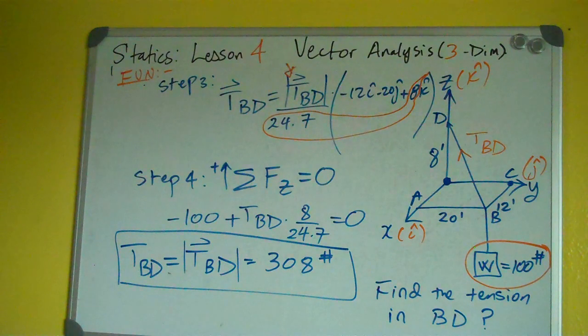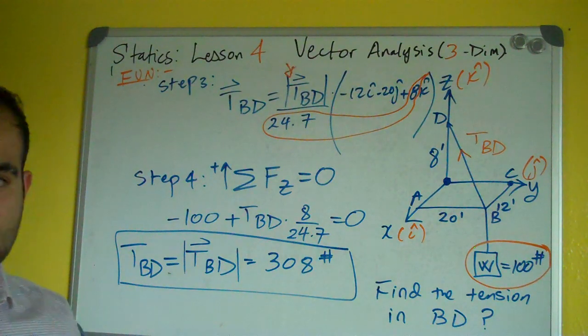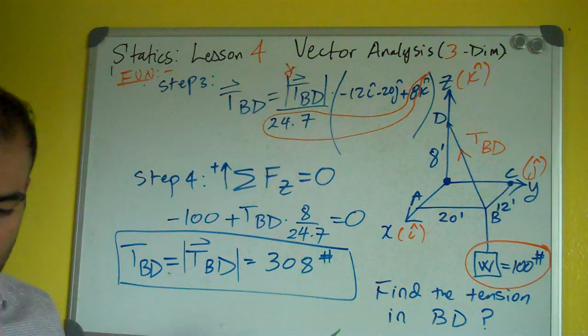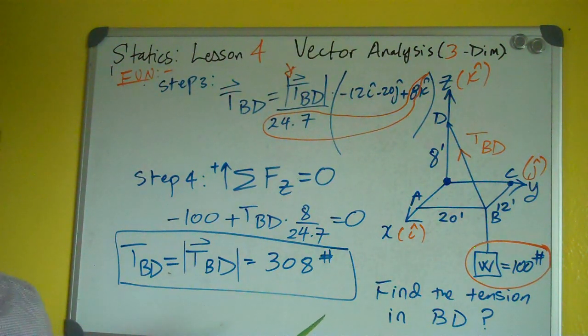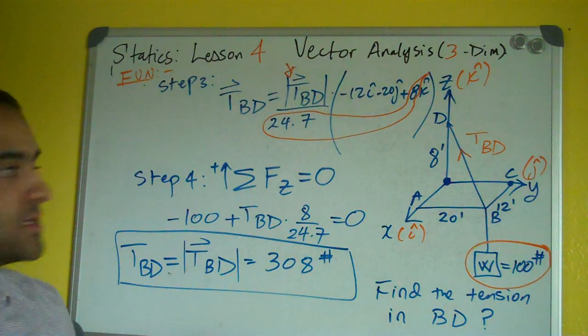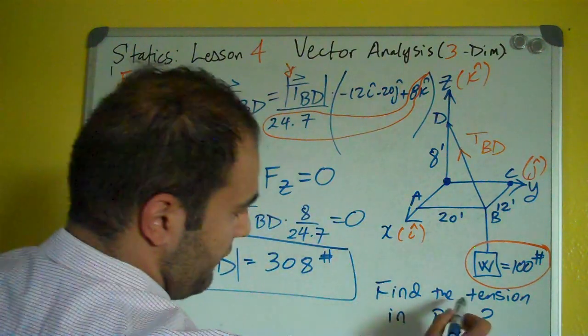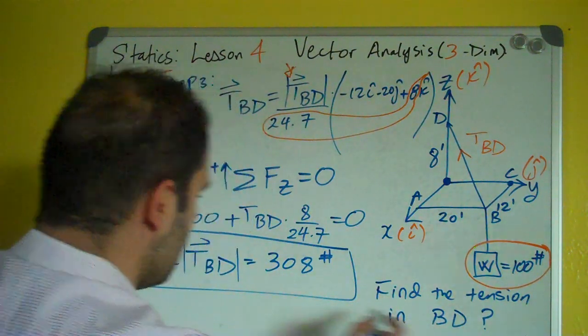Now let's see what we've done. We've said if we're doing statics, then the system has to be in steady state or equilibrium. Hence, we will sum the forces in the z direction, since W is the only force acting on this structure. So this is what you're looking for, find the tension in BD.